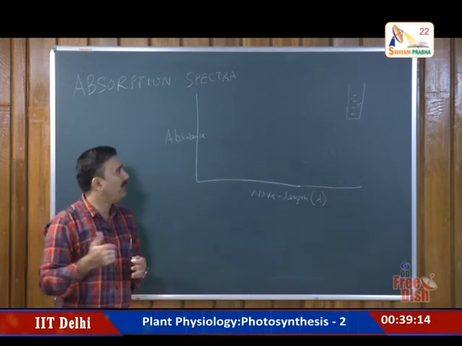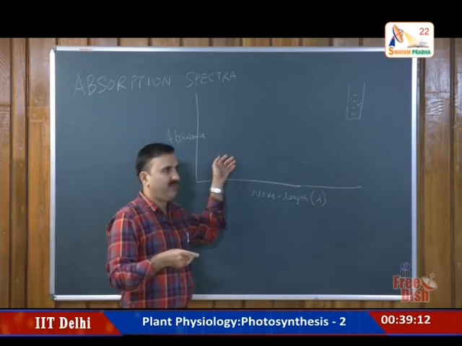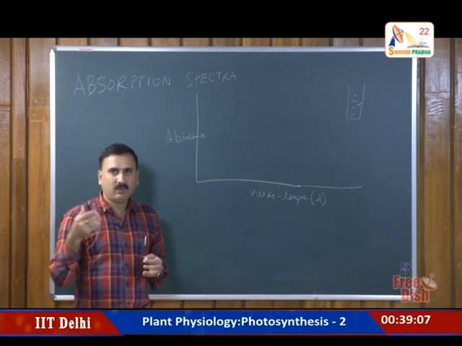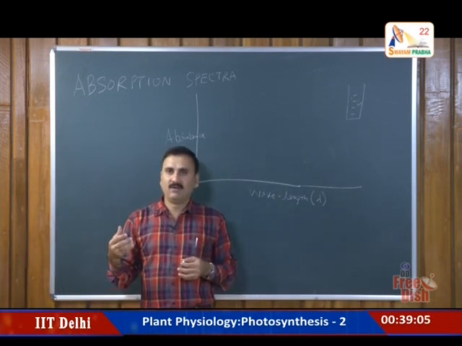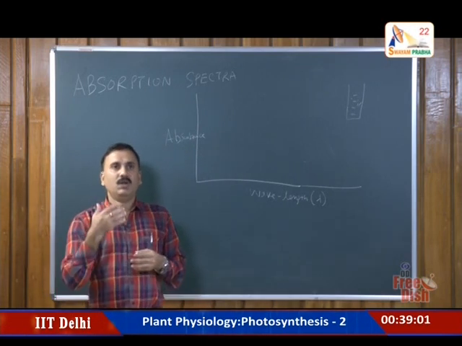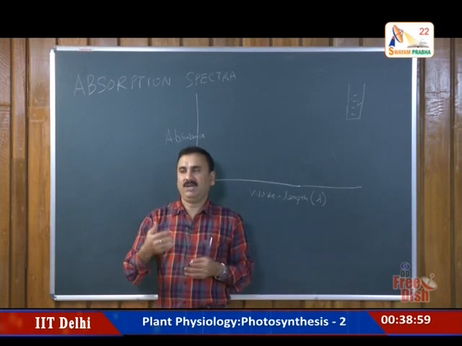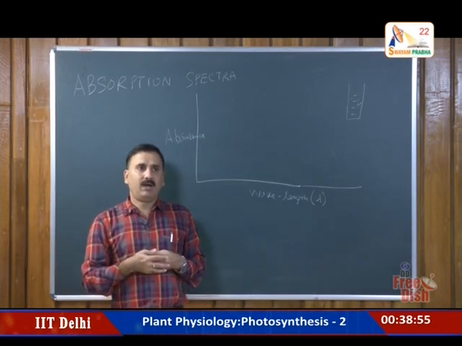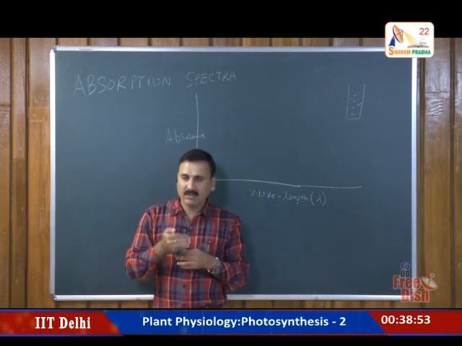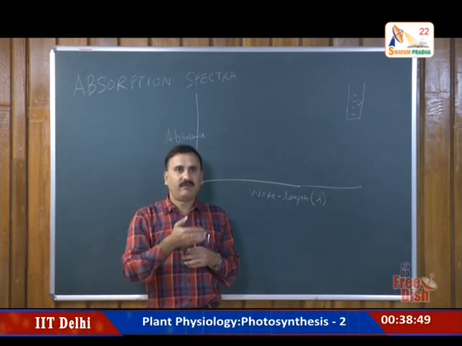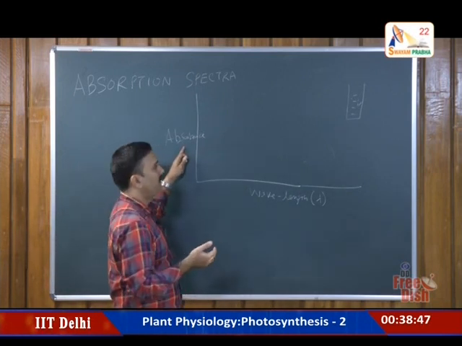So, what will happen during this particular kind of experiment, when you are exciting the molecules, the molecule is taking up this energy, and what is there in the molecule to take up the energy? The electrons. So, once the electron takes up the energy which is present in the particular wavelength, it goes from one energy state to another energy state, and that actually will reflect in terms of their absorbance.